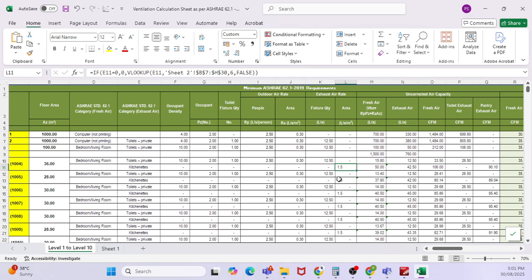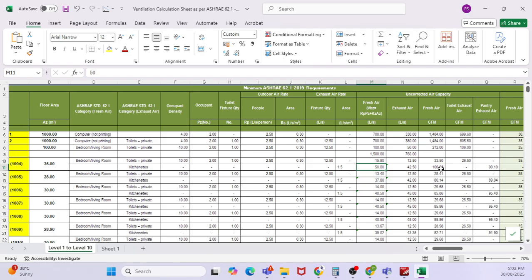When I multiply by area, how much is it? 42.5. So this is the exhaust airflow rate, and this is the fresh airflow rate. This is as per calculation.